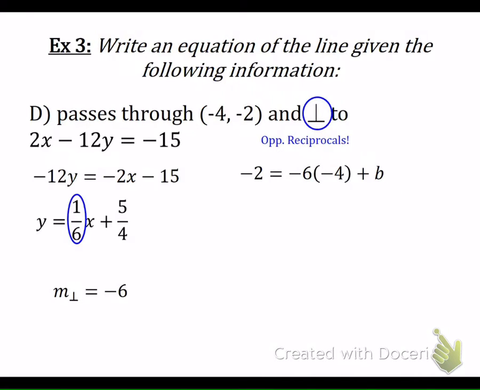So -2 equals 24 plus b. So subtract 24 from both sides, you get -26. So my equation is y equals -6x minus 26.